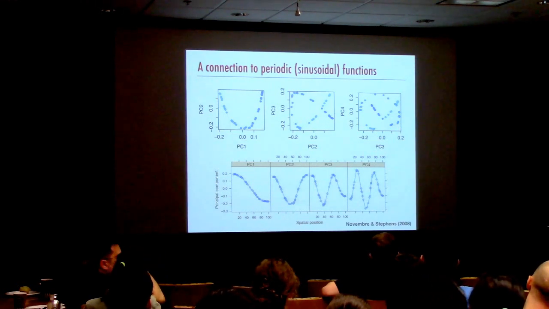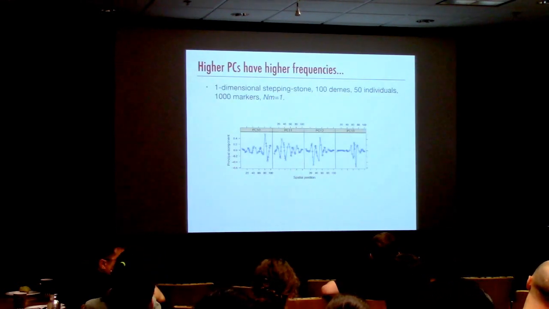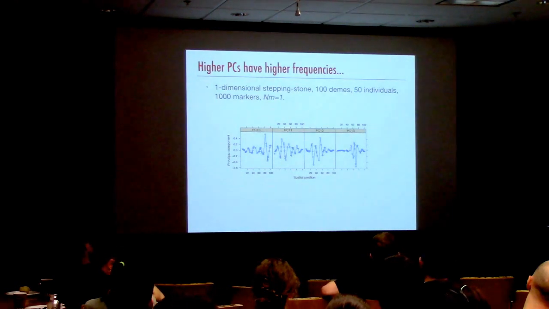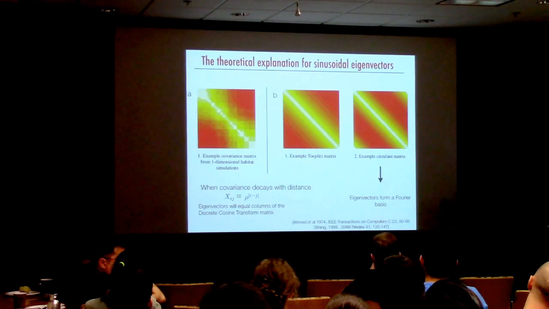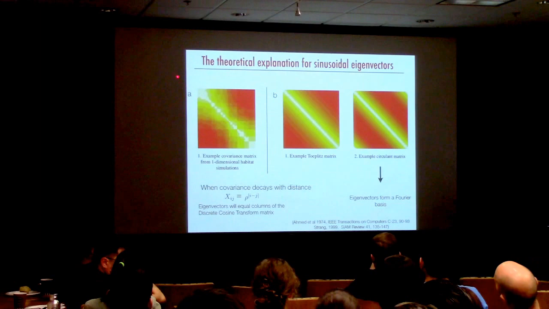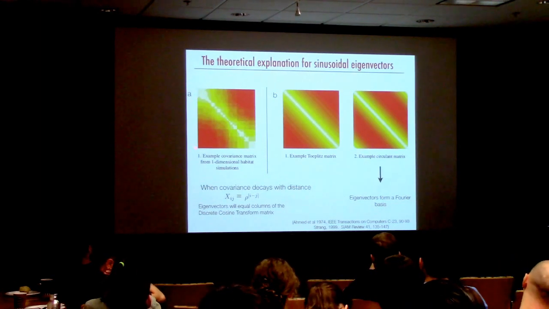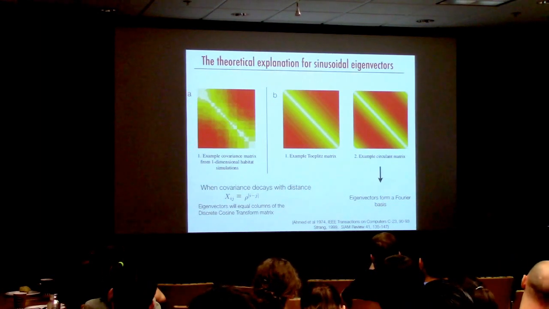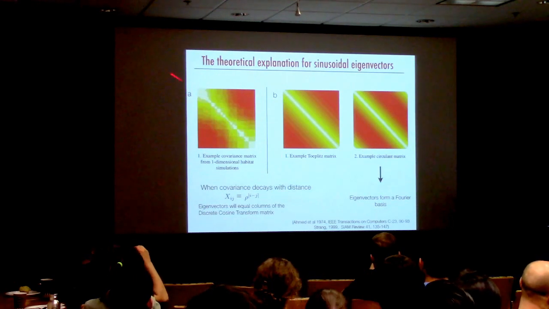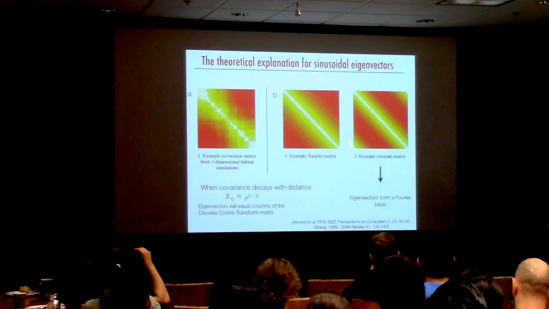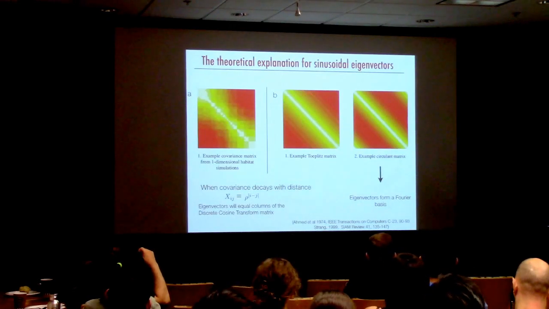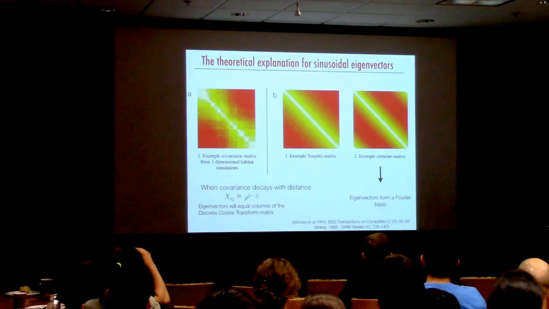This has to do with how the covariance matrix, when you have spatially structured data, has a very unique structure. If we arrange the individuals by their position along this one-dimensional space, then there's a lot of mass just off the diagonal. These can be conceptualized as Toeplitz matrices, which in the limit look like circulant matrices.